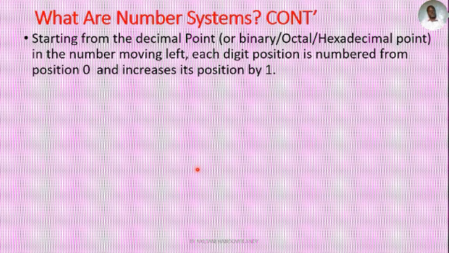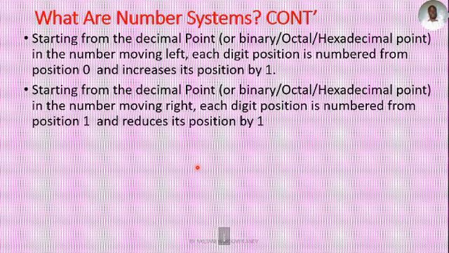Now, starting from the decimal point, that is when we are dealing with base 10, or the binary, octal, or hexadecimal point in the number, moving to the left, each digit position is numbered from position 0 and increases by 1.